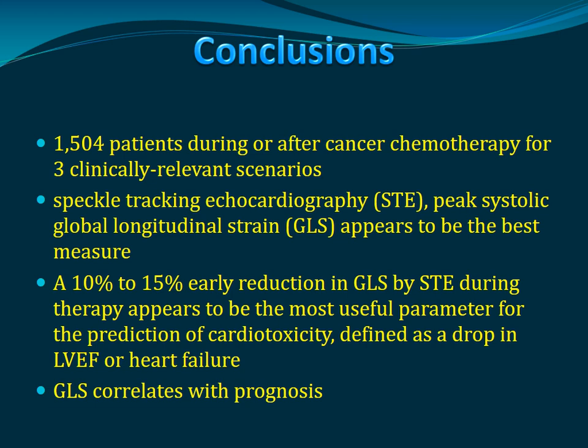Speckle tracking was done. Peak systolic global longitudinal strain was measured and appeared to be the best measure. There was a 10 to 15% early reduction in GLS by speckle tracking during therapy, and it was the most useful parameter. And GLS correlated with prognosis and reduction in EF and heart failure.